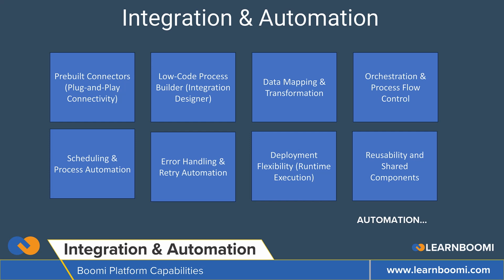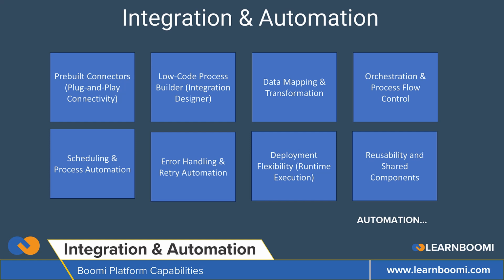Then you have scheduling and process automation. So Boomi supports multiple ways to automate integration, like automation triggers: file arrives in a folder, message is received, database lookup, polling a source system, success or failure of the process. These are automation triggers, right? Based on the triggers, you can automate your process. Then you have scheduling. You can run a process every 5 minutes, hourly, daily, weekly.